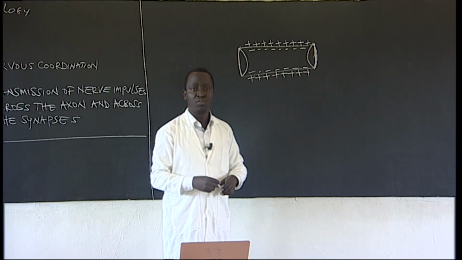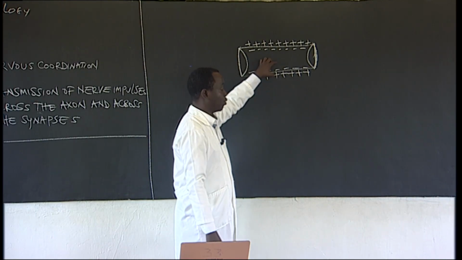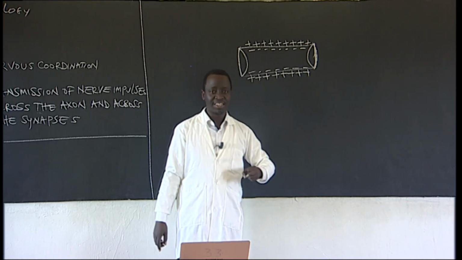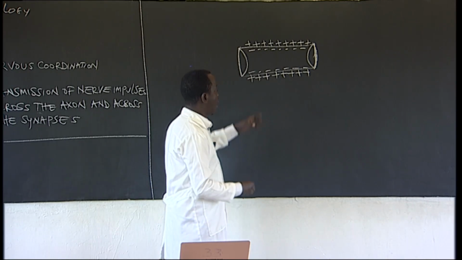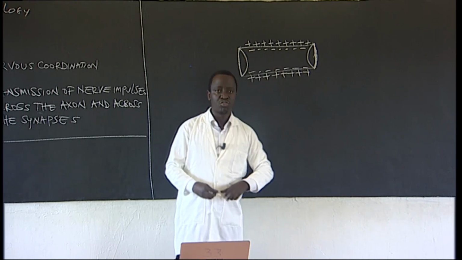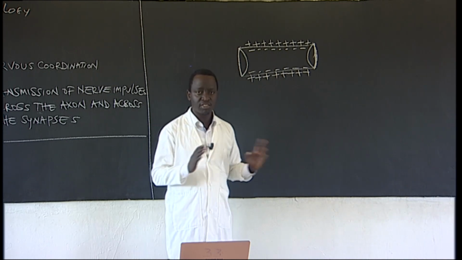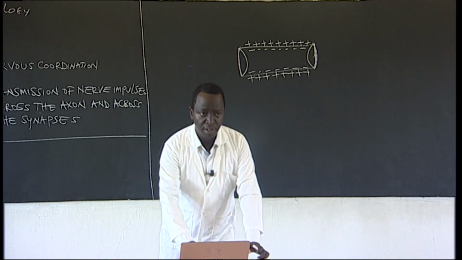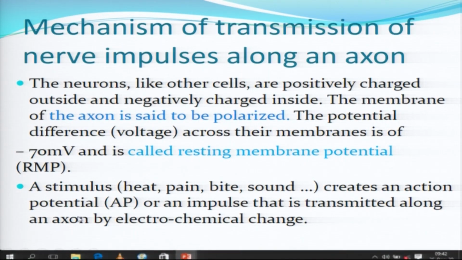Then inside we have potassium ions, and because we have other negative ions, that's why it is negative inside. Are you together? At this stage, this axon is said to be polarized. There is no message going across this. This is what you can see here.